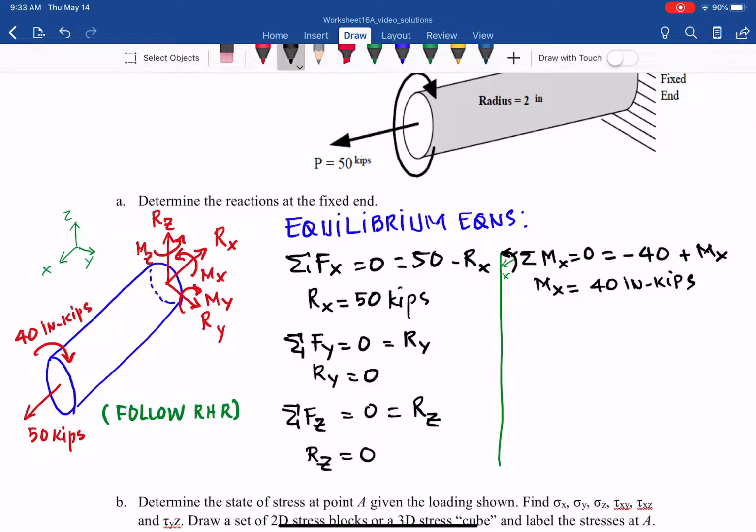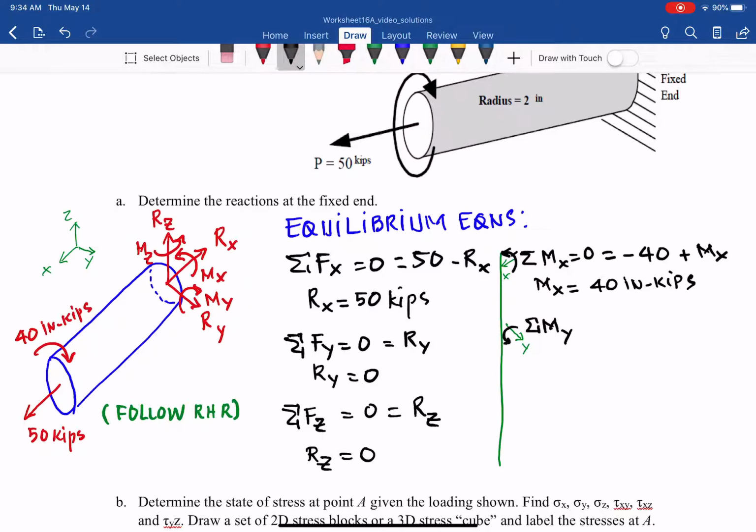Similarly, sum of all the moments in the y direction equals 0, with positive y following the right hand rule.